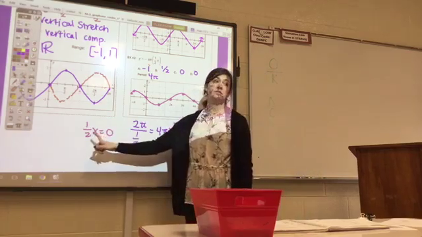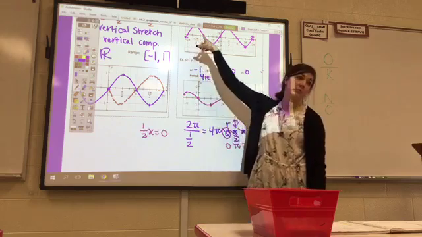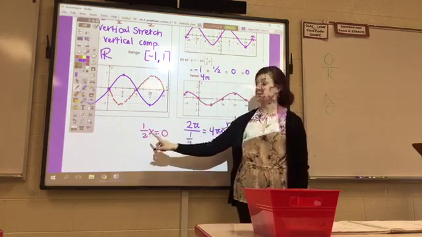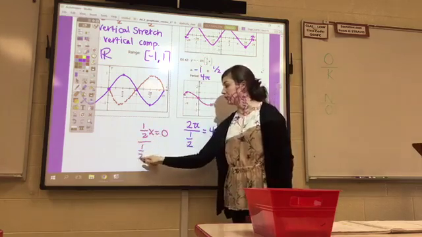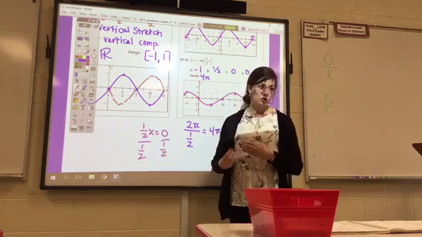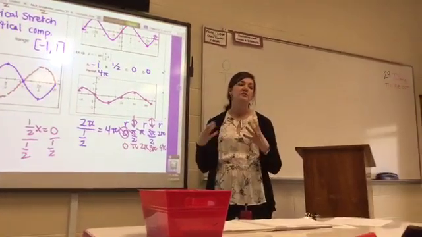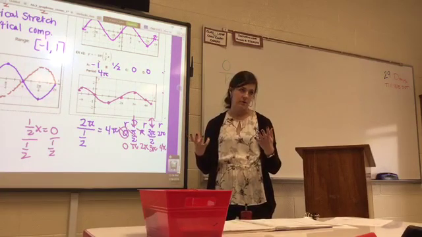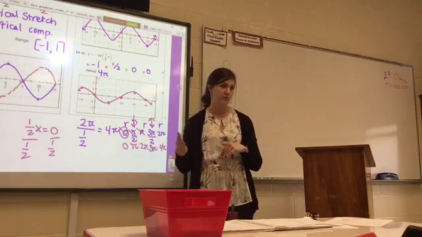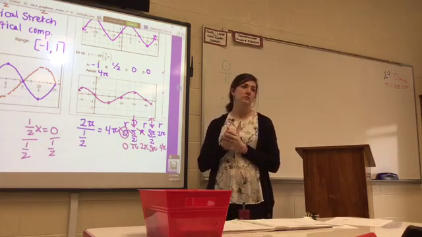But mine is now 1/2 x, not x, like it was in this example. So if I were to solve and figure out what my new x is, how would I get rid of that 1/2? Well, I would divide by 1/2 on both sides, or multiply by 2. Okay, remember, anything done to the x is really the opposite of what it appears to be. So if you say x plus 1, I'm really subtracting 1 from every single x value. Okay? Taylor, did you have something else? I answered it. Got it?